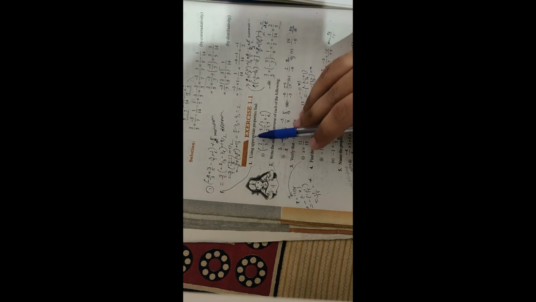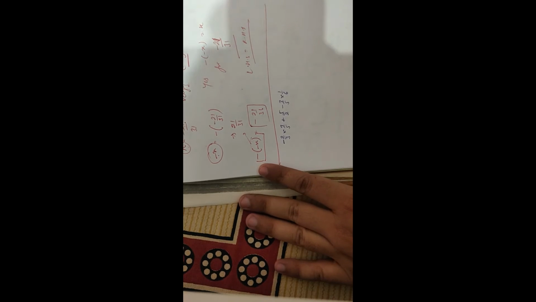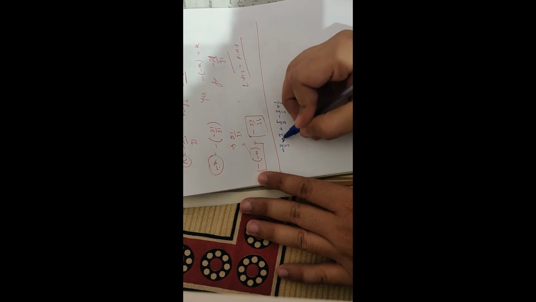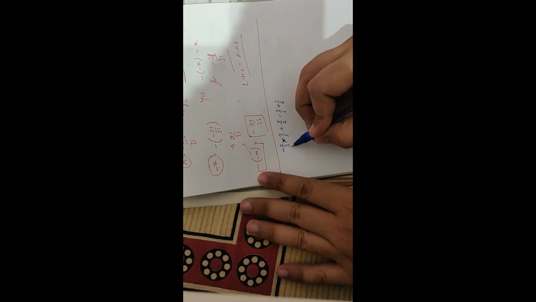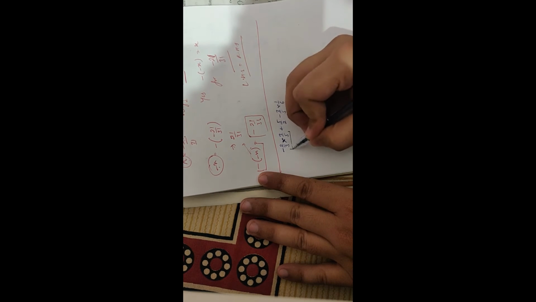Alright, now we are starting our exercise 1.1. Question number 1, using appropriate properties find the value of this entire expression. So we have written the expression again over here, and they are telling us to use the properties. So we will be applying the properties. Check, they are multiplying this, so this will be considered as a block, a product.